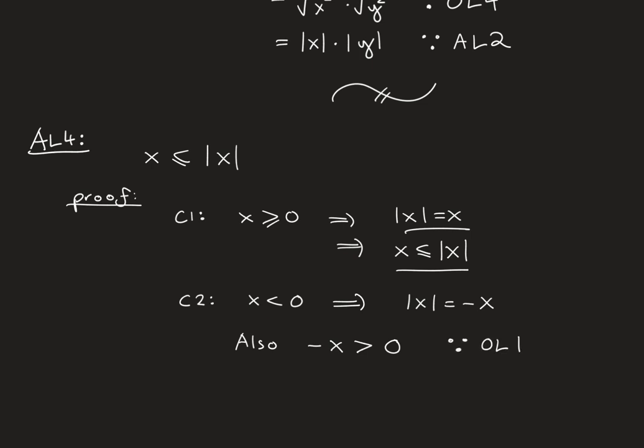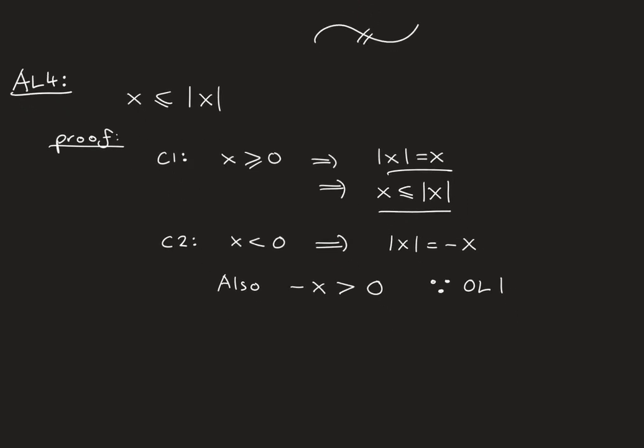Look at the worksheet. If x is less than 0, then negative x is bigger than 0. Okay, so look at what we have. We have x is less than 0. 0 is less than negative x. Okay, but negative x is equal to the absolute value of x.